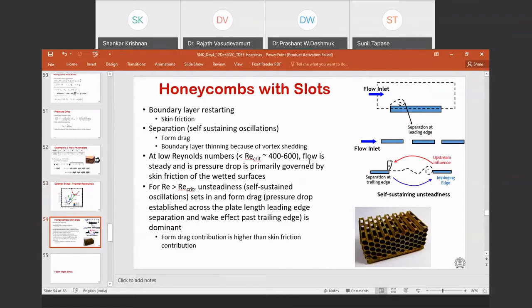And the second thing that happens is because of this separation of the flow, the separation of boundary layers from an object, the Reynolds number where it transitions from laminar to turbulent also happens much earlier, close to a Reynolds number of 600. So these are much more involved heat sinks, and they do perform better. I will show later.